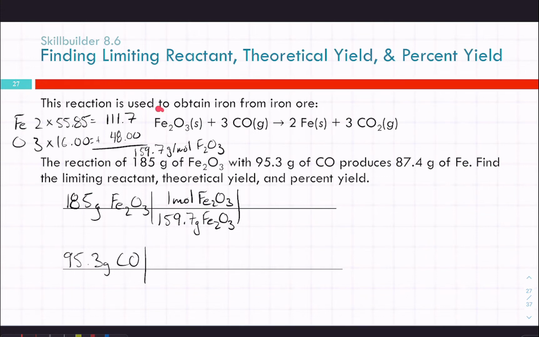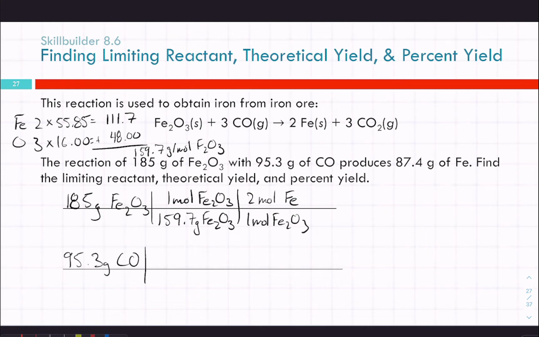So ratio between iron oxide and iron, 1 iron oxide to 2 iron. And then I'm going to calculate the number of moles, because if this one is not our limiting reagent, it'll save us some time in the long run.